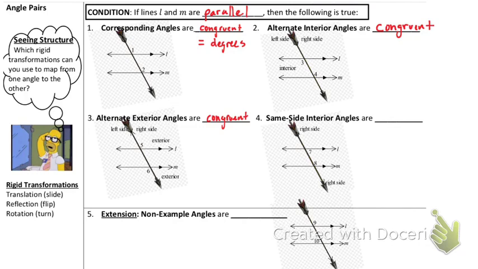And then the last relationship. Now we're looking at same side interior angles. Interior means inside, so we're looking at angles on the inside of the parallel lines and on the same side of my transversal. If you look, 7 and 8 are on the inside, and they are both on the right side of my transversal. When you have same side interior angles, these are supplementary angles.